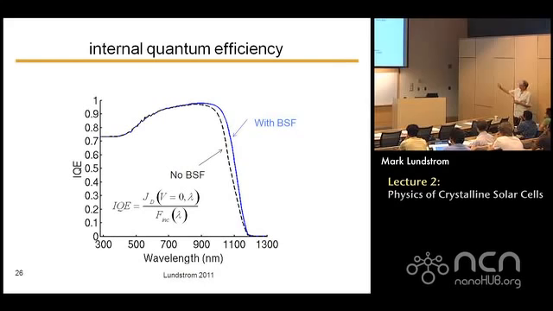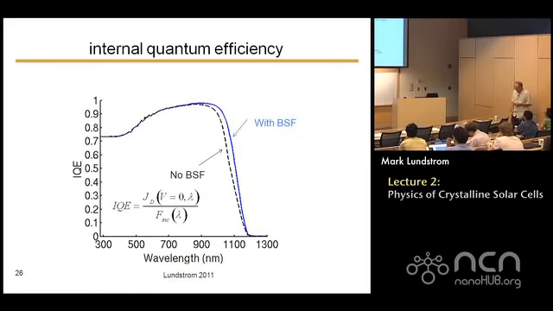And if the wavelength is too long, it won't be absorbed at all, and I won't get anything out, so it drops to zero. So you can see what's happening here with and without the back surface field. With the back surface field, I get a little bit more current at the long wavelengths because the back surface field is helping reduce the recombination and keep carriers away from the back contact and helping them be collected a little bit more.